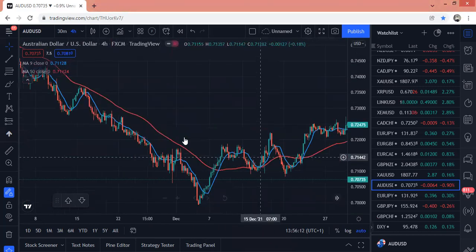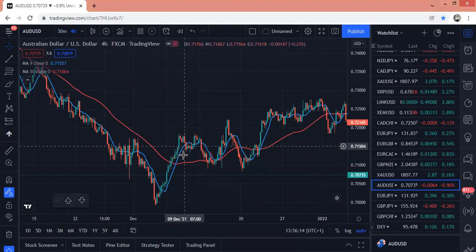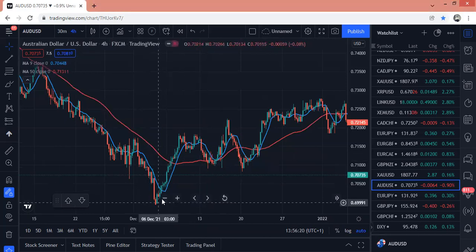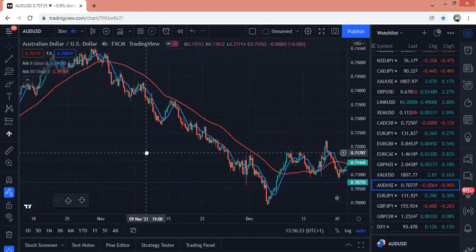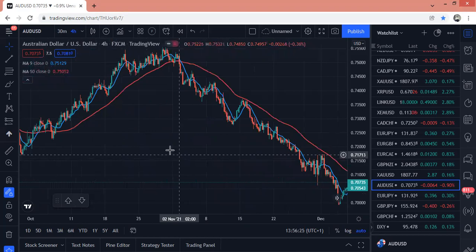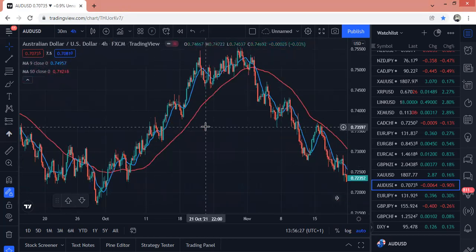So I'm not just throwing this on my chart to get in every time it crosses, right? That's the fun part of using these tools when you have an understanding of how price moves.